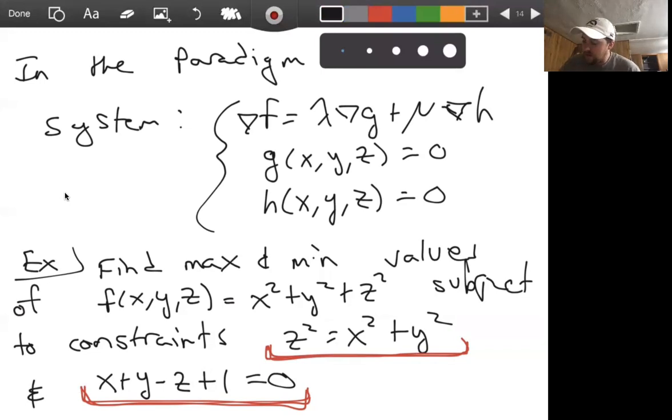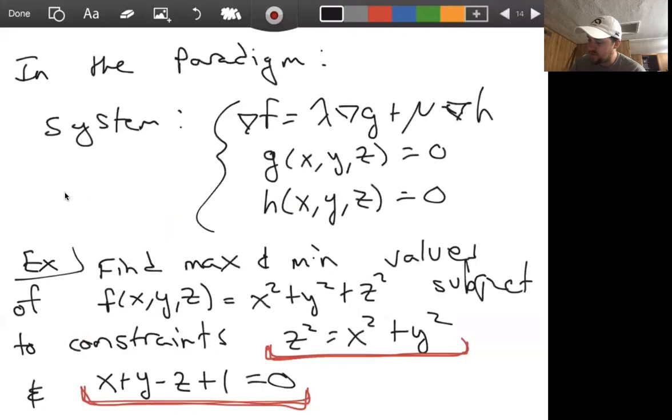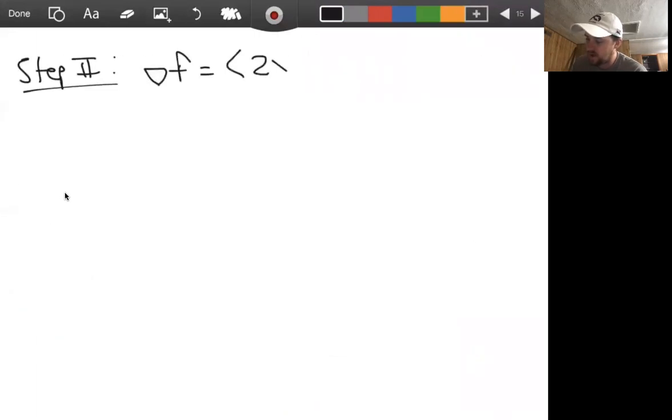So what is the next step? Well, step 2 in our paradigm is to set up the system of equations. So we need the gradient of f, which is, well, if f is x squared plus y squared plus z squared, then the gradient is 2x, 2y, 2z, right? What's the gradient of g?